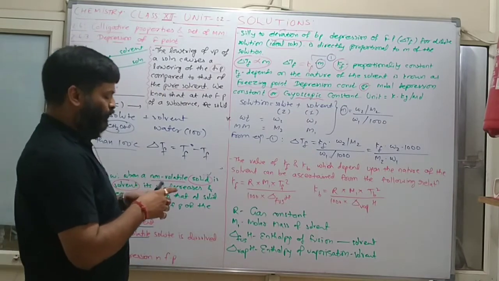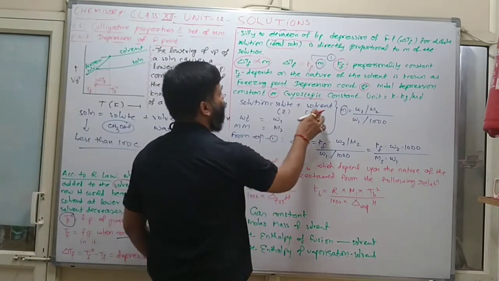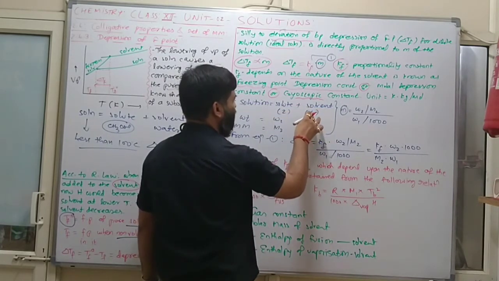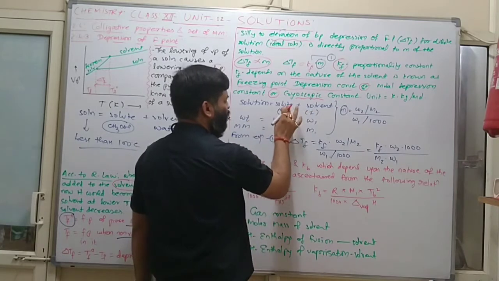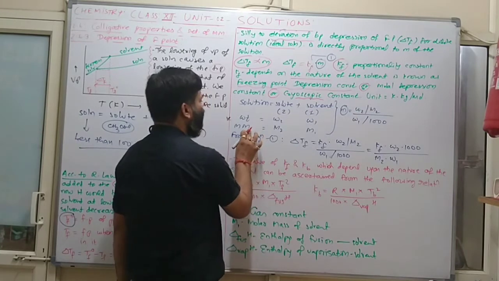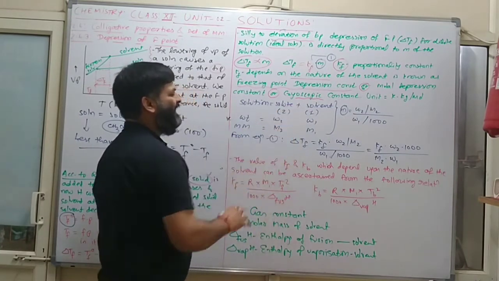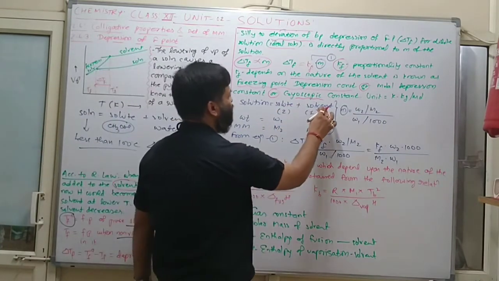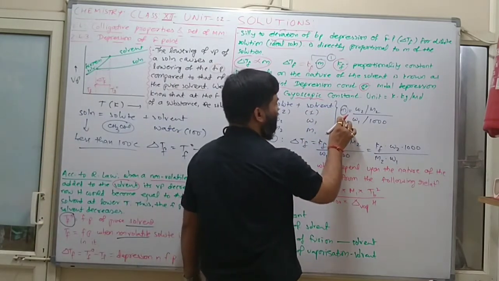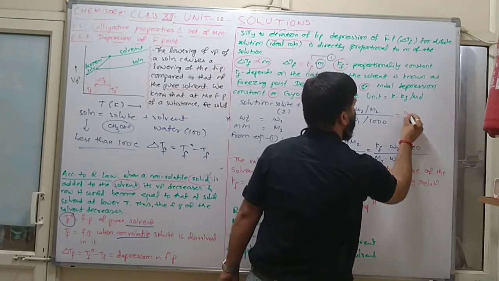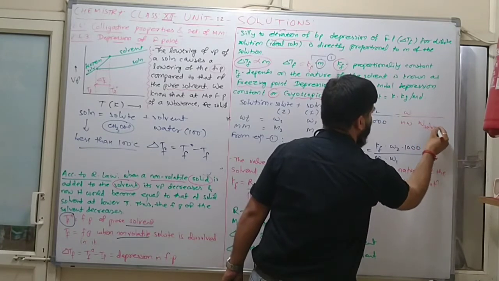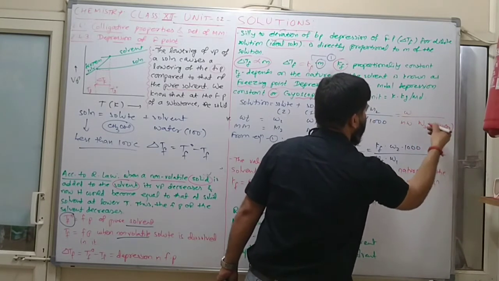देख अब जैसे हम लोग solution लेते हैं तो solution में solute plus solvent, तो solute is represented with 2, solvent is represented with 1. Here weight of solute is W2, weight of solvent is W1, molecular mass of solute is M2 while molecular mass of solvent is M1. तो now formula of molality, here weight upon molecular weight and weight of solvent in kilogram.